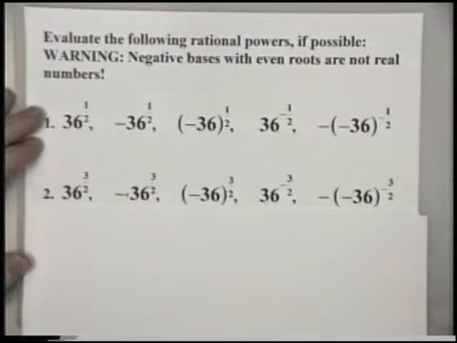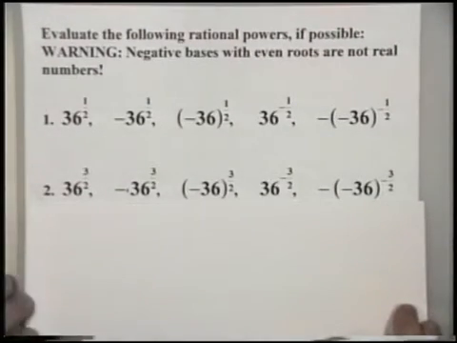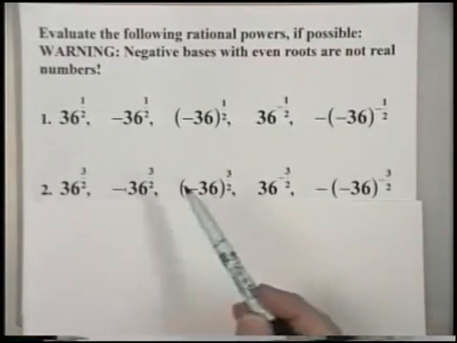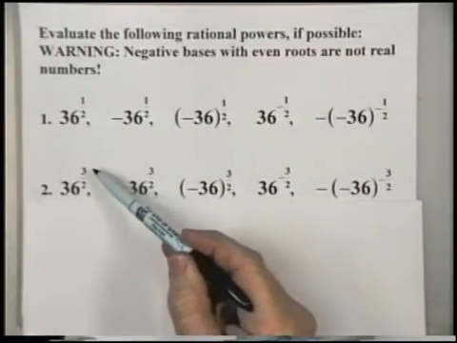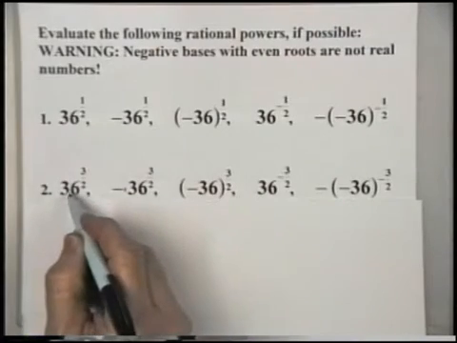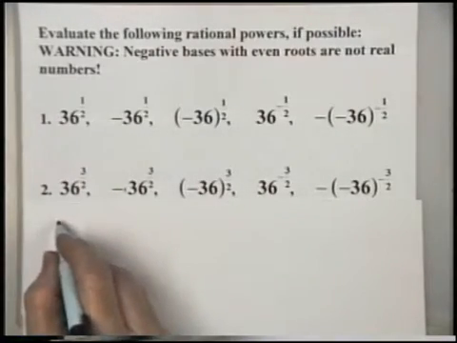Let's see what the next group looks like. Well, a little more of the same base, sort of, but now we've got it raised to a rational 3/2 power. Well, let's look through these. It's 36 to the 3/2 power.